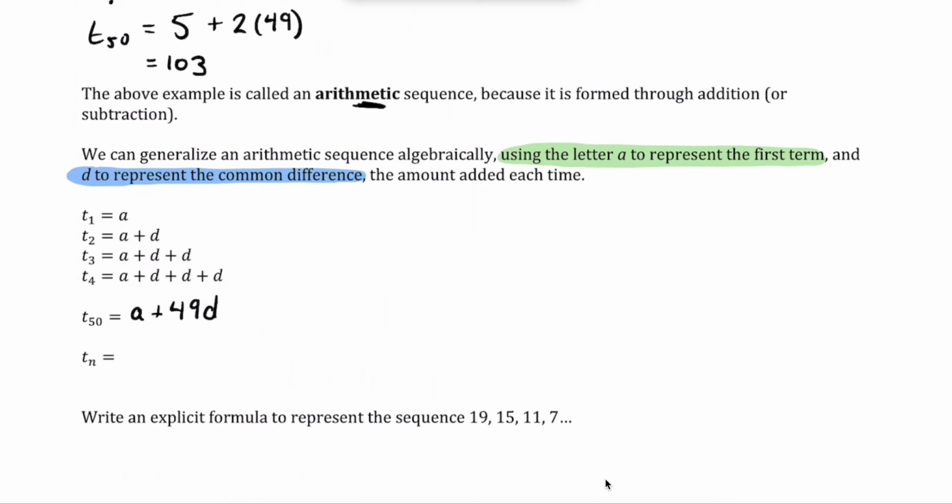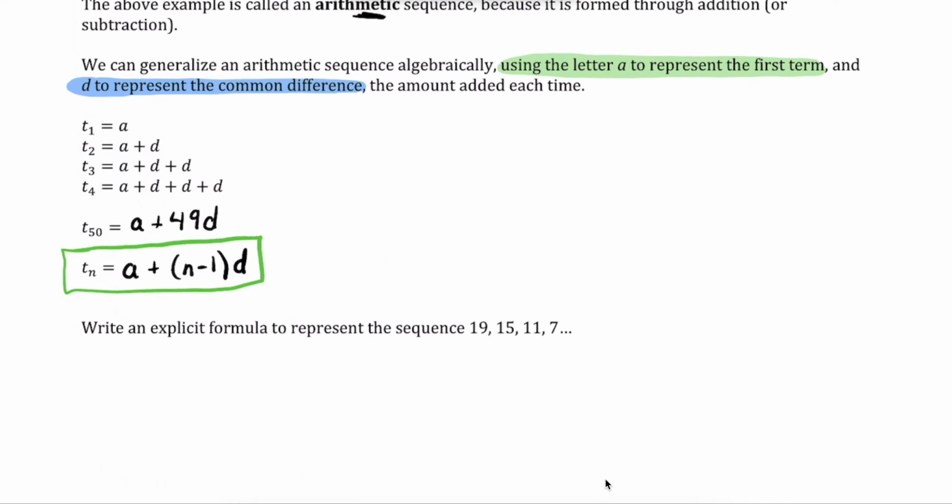And Tn is going to be A plus n minus 1 times D. And this is one of the 4 formulas that we're going to be learning today that you are going to be using in order to very quickly and easily get your answers.